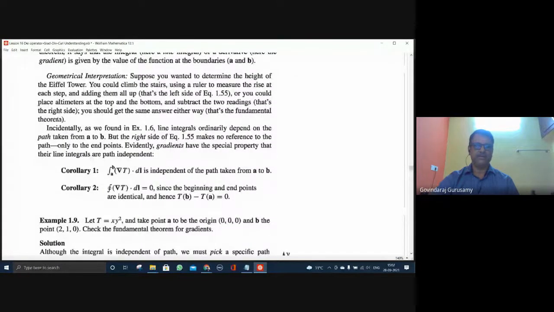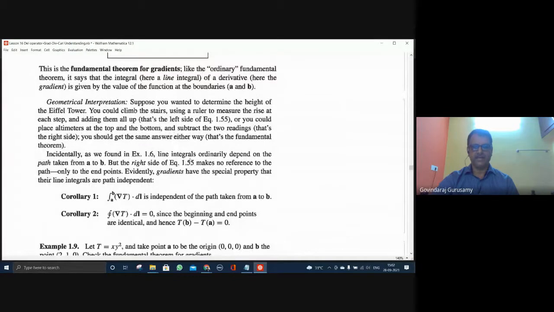They both must be equal. That's the important point. Incidentally, as we find in exercise 6.1.6, line integrals ordinarily depend on the path taken from A to B. But the right side of equation 1.55 makes no reference to the path, only the endpoints.